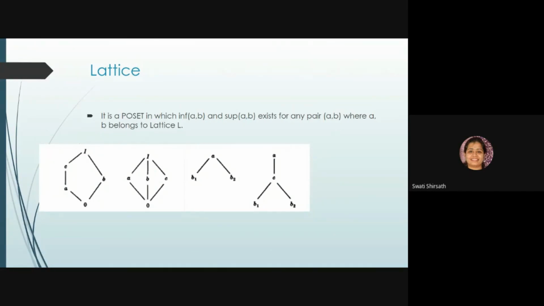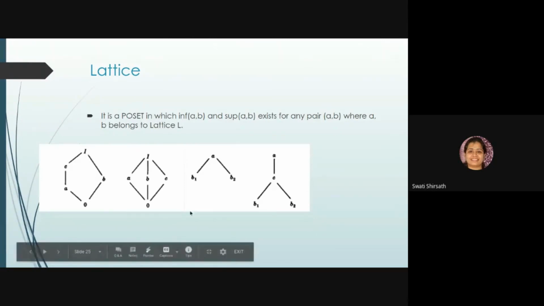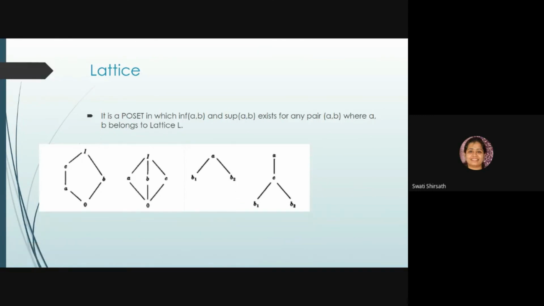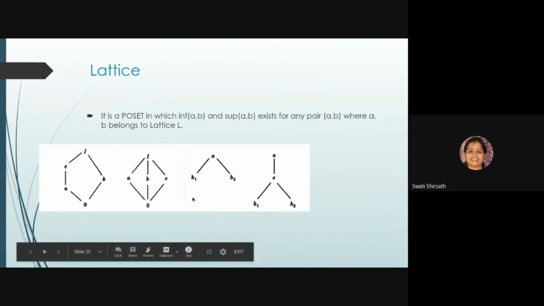But B1 and B2 are not connected, so there is no relation between them. Nor are they connected to any other element in the downward direction. So it does not exist. Exactly. So it is not a lattice. For B1, B2, for this pair, we don't have any GLB.